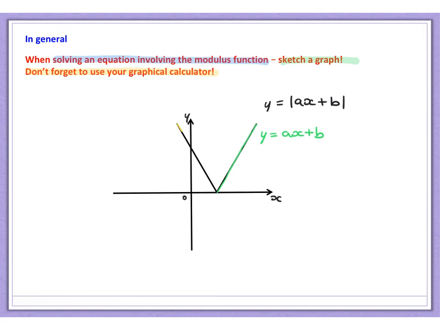And then this portion of the graph here, which I've highlighted in yellow, is part of the line with equation y equals negative brackets ax plus b. And that can help you solve various equations if you know the equation of each wing or each arm of the graph.